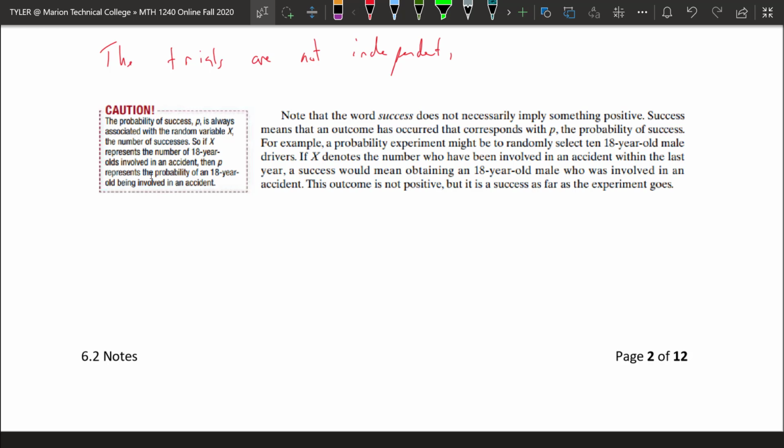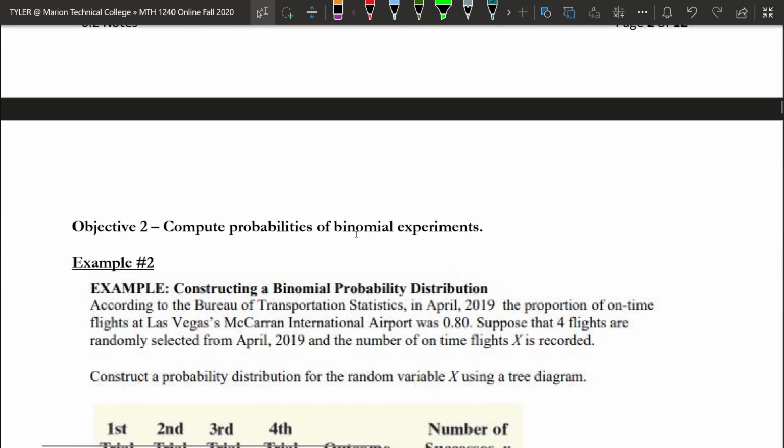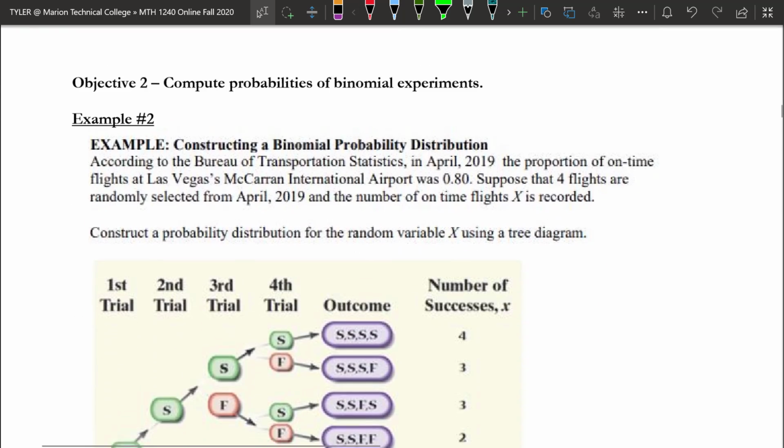If capital X denotes the number who have been involved in an accident within the last year, the success would mean obtaining an 18-year-old male who was involved in an accident. The outcome is not positive, but is a success as far as the experiment goes, right? So what we want to pay attention to is that a success means a success for the variable, right? It doesn't necessarily mean that it's positive, right? So make sure you understand that.